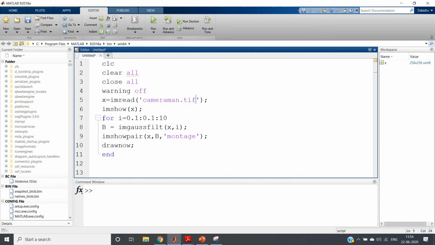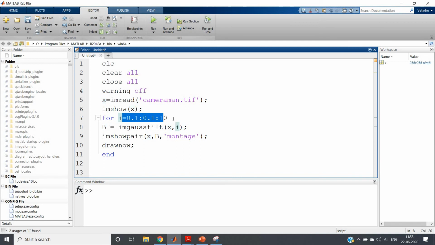And then I am taking one for loop for I equal to 0.1 colon 0.1 colon 10, that is starting from 0.1 to 10 with an increment of 0.1. B equal to imgaussfilt x comma I. So I am filtering using a 2-dimensional Gaussian kernel, where my first input is my image x and I is the SD.